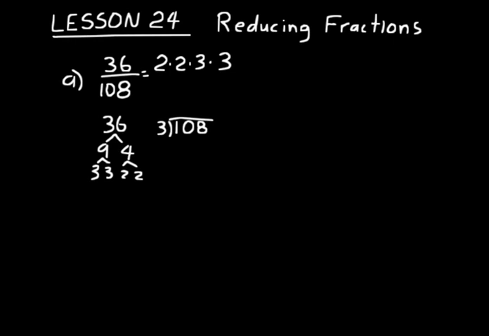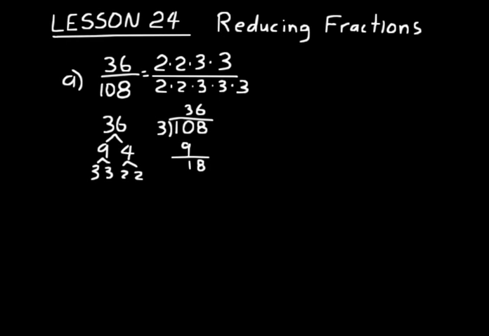So let's do that. 3 goes into 10 3 times, left with 18. 3 goes into 18 exactly 6 times. And therefore we're left with 36, which is just what we have over to the right, 2 times 2 times 3 times 3. So we'll have 2 times 2 times 3 times 3 times 3.